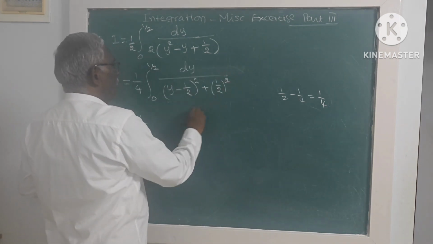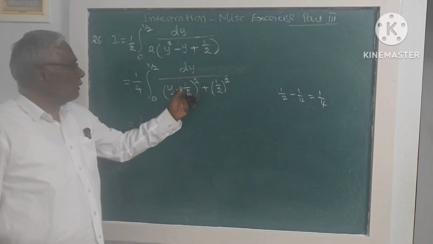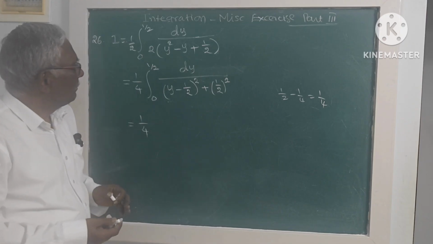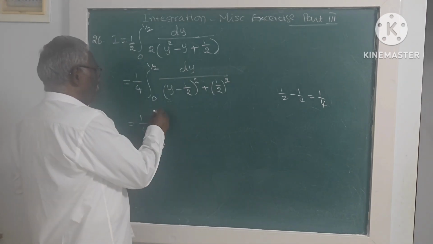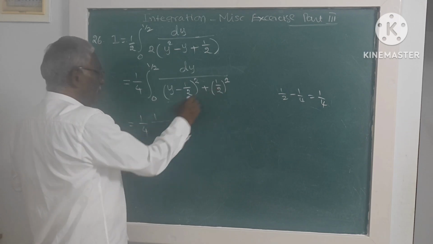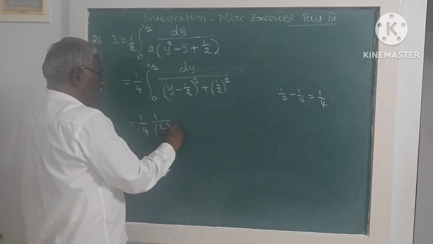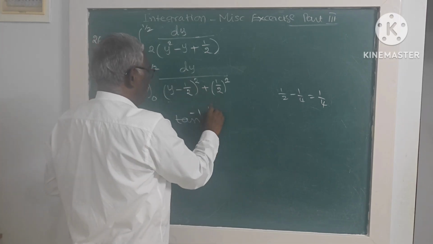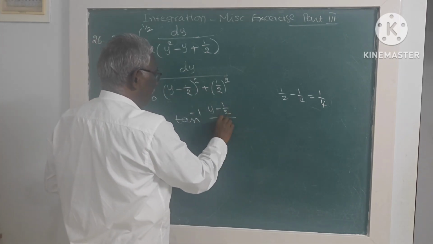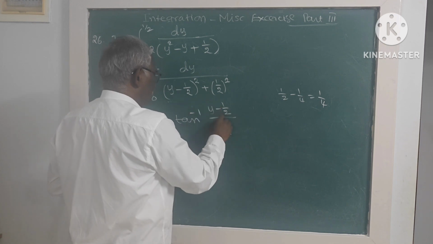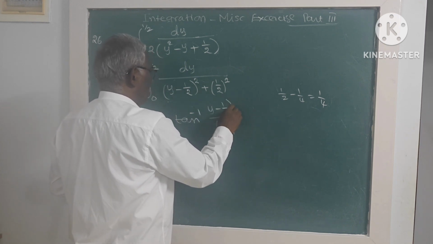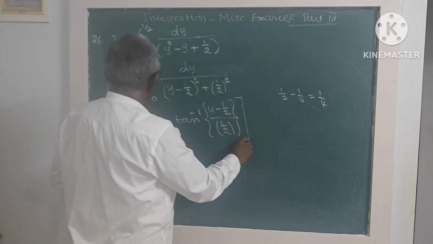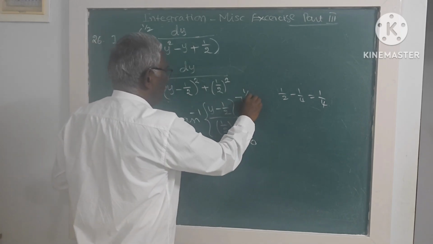So this is in the form of integral dx by x square plus a square. Then what is the formula? 1 by a into tan inverse x by a, that is y minus half by half, with limits 0 to half.